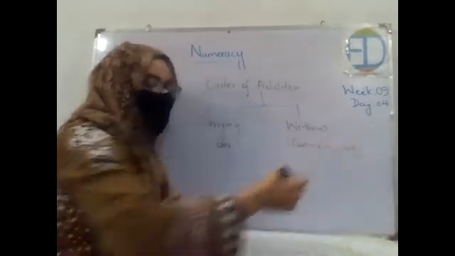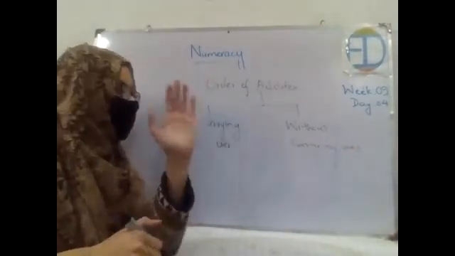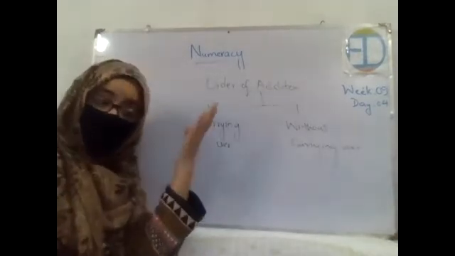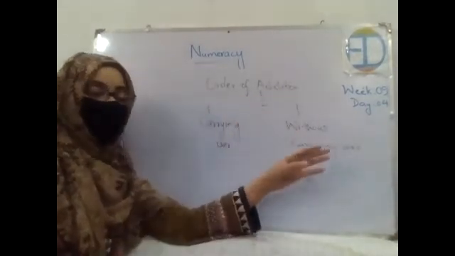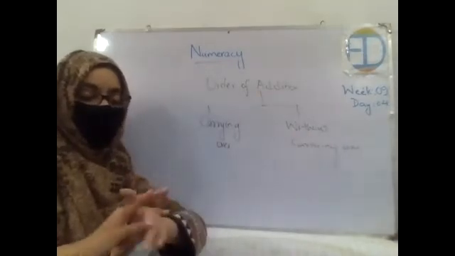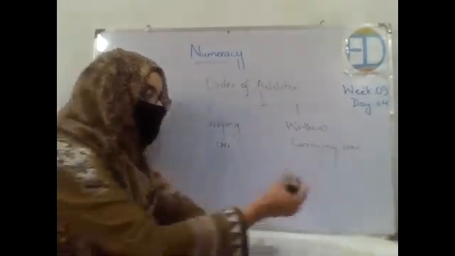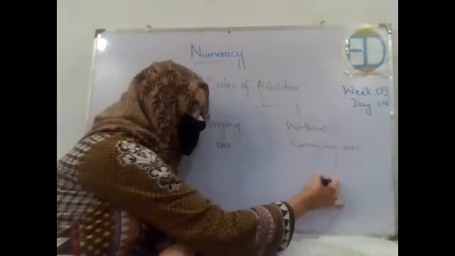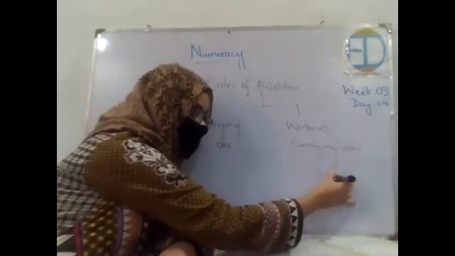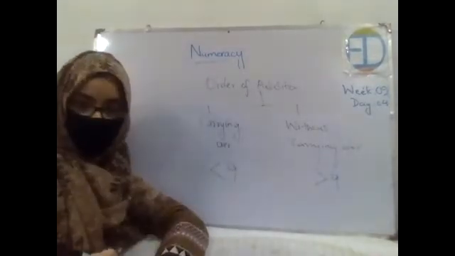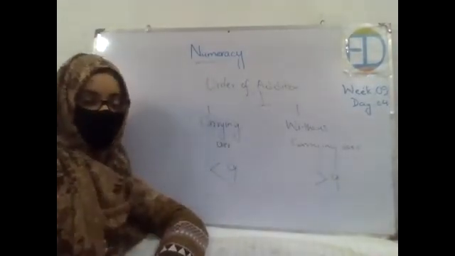With carrying over, we take the remainder on top of the next column, and without carrying over we are left with no remainder. Or we can say that in one the answers are less than 9, and in the other the answers are greater than 9, right? So these are two situations.